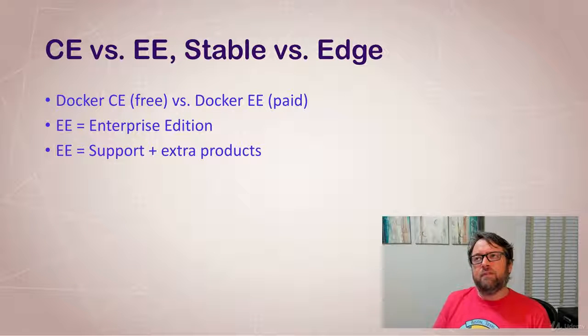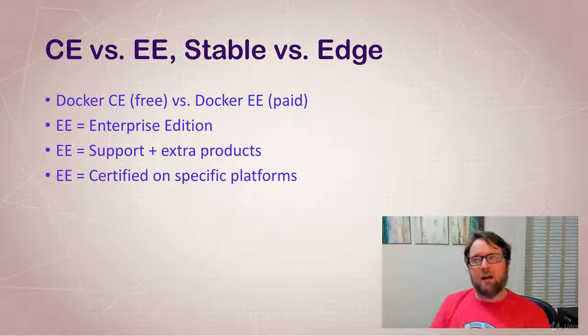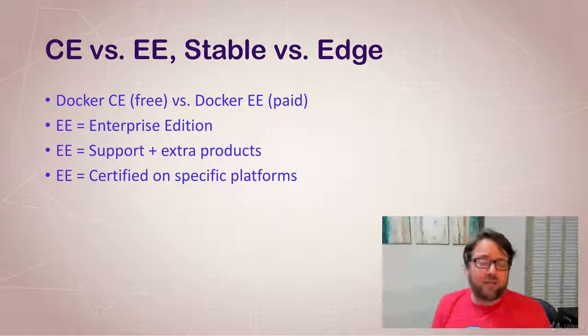It's really better for larger organizations that have lots of servers they need to run, and they need maybe a management GUI or LDAP authentication for Active Directory, or maybe they just need 24/7 phone support. And you can buy that on a monthly, I believe, and a yearly subscription, and you do get a lot for it.